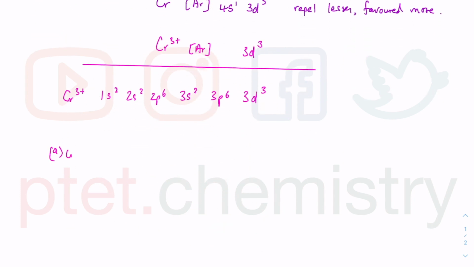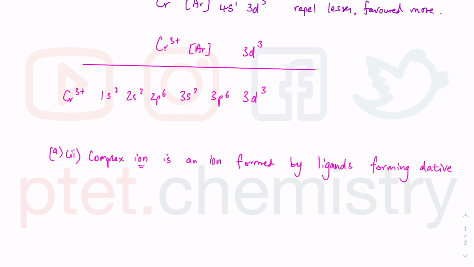In part 2, they want us to define what is meant by a complex ion. It's an ion formed by ligands bonding to the metal ion center, forming dative covalent bonds, or you might call them coordinate bonds, whichever one you like.